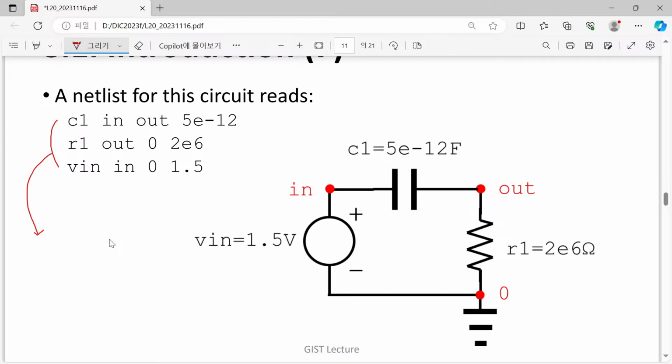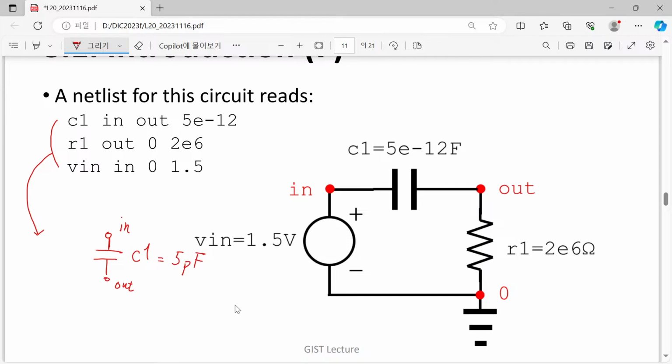So C1, there is a capacitor called C1, and it is connected to in and out, and it has a number like 5 times 10 to the minus 12. What is it? This is picofarad. So we will have a 5 picofarad capacitor.